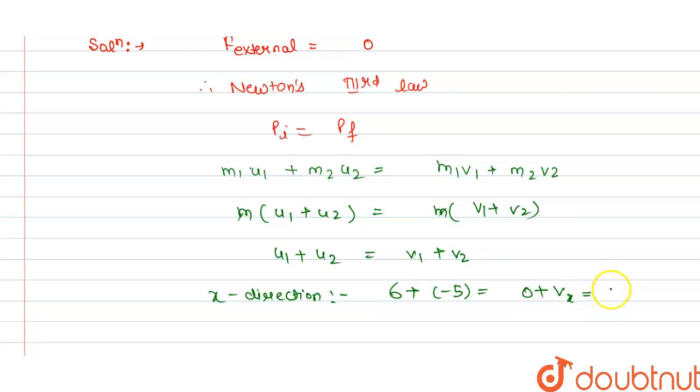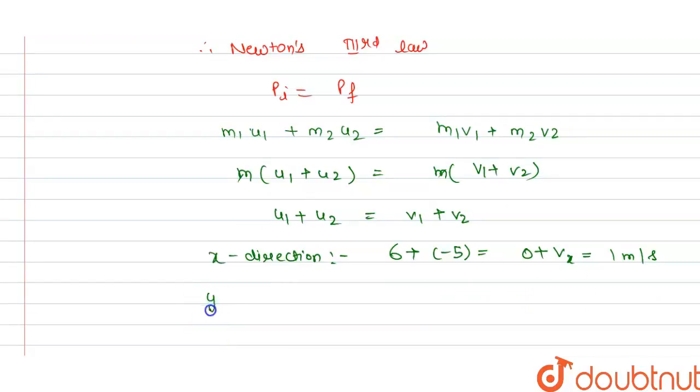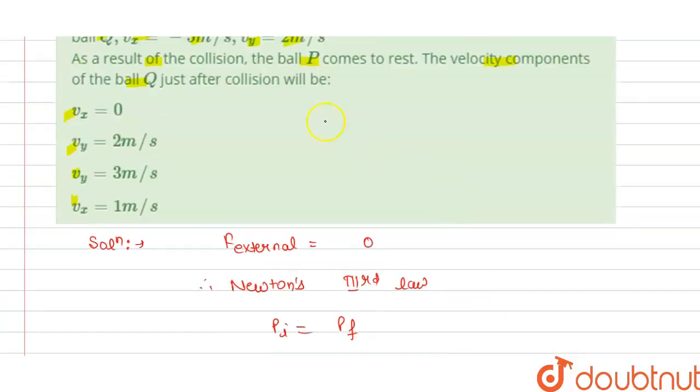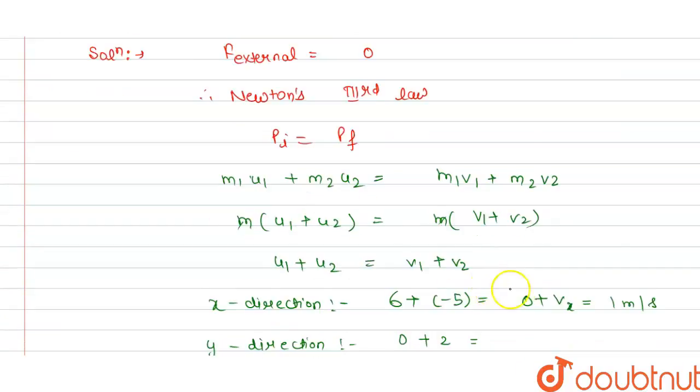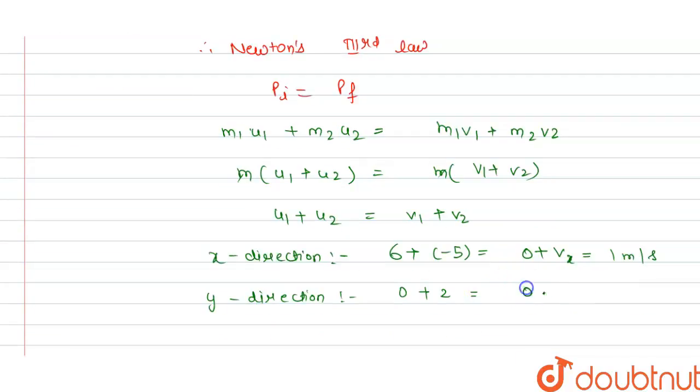So this will become 1 meter per second, as finally P will become 0, and this is the velocity in x direction. And for the y direction, initially it is 0, then it is 2 as given to us in the question, and after the collision it is 0, and velocity in y direction is 2 meter per second.